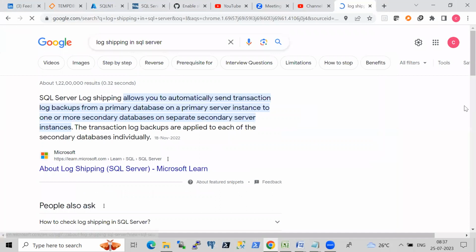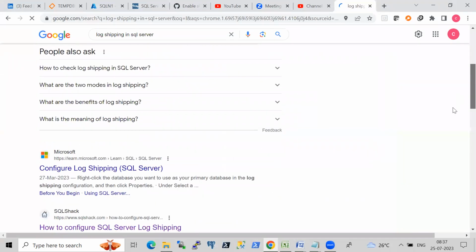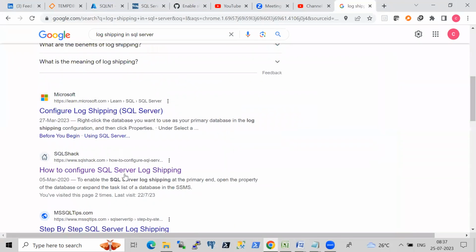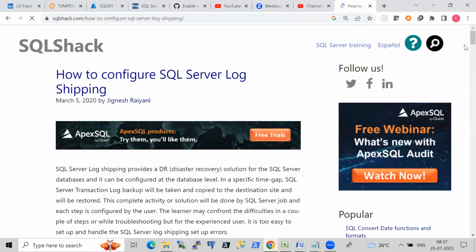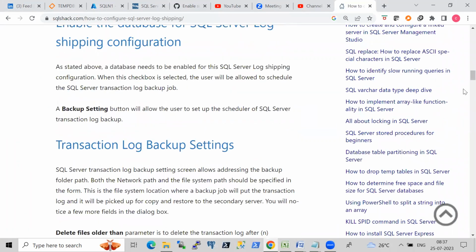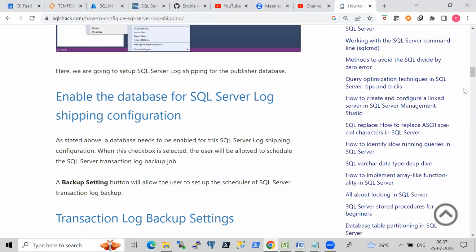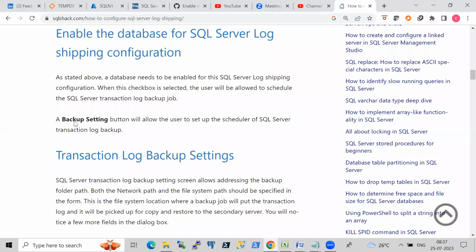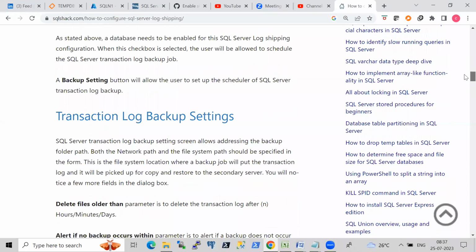You can take any blog or any article. For example, if I take this one, first I will choose the database, right? See this, enable the database. When you are enabling, the first thing you will do is backup settings. You have to set backup settings for your log shipping database. That is the first thing.